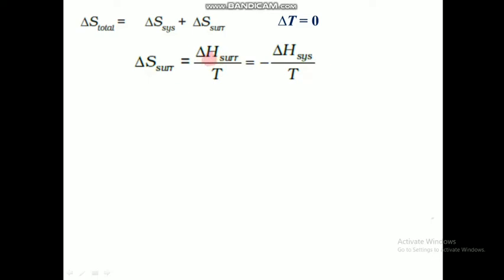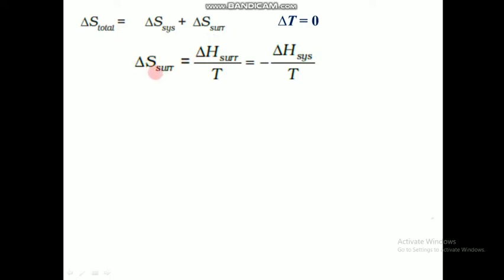So the enthalpy change of the surrounding is equal to the enthalpy change of the system in opposite sign. When the temperature is constant, how much ever is given out, that much only will be absorbed by the surrounding.